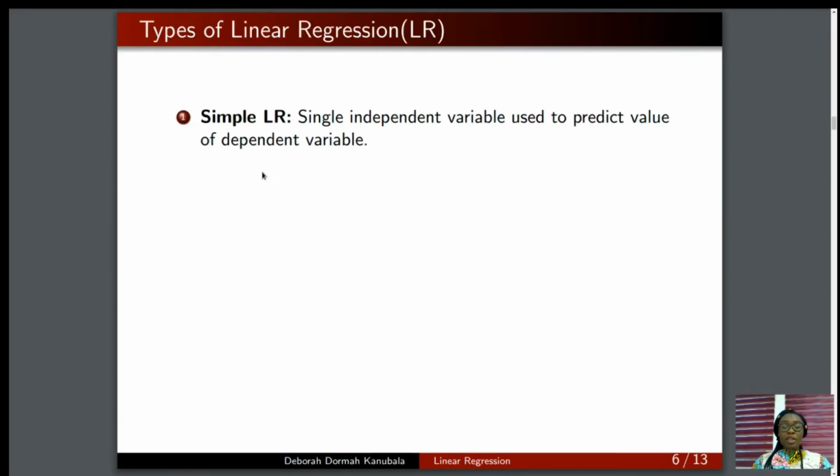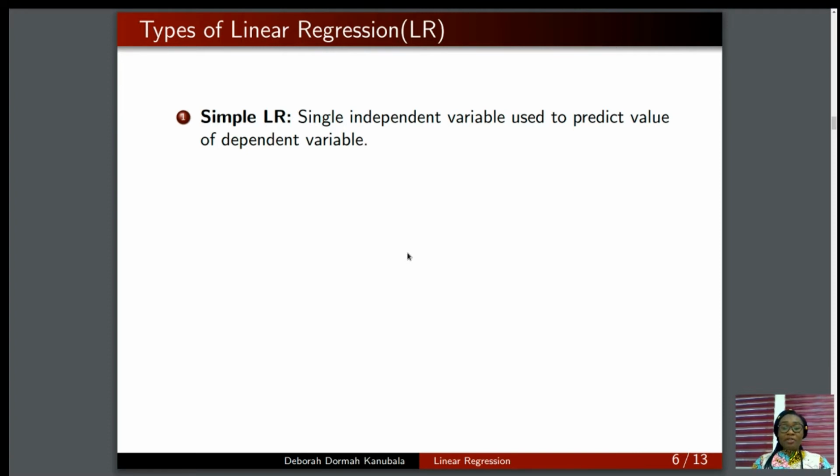This brings us to understand what then are the types of linear regression. We have the simple linear regression, which involves just a single independent variable being used to predict the dependent variable.